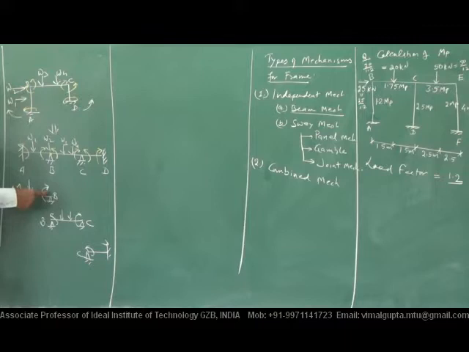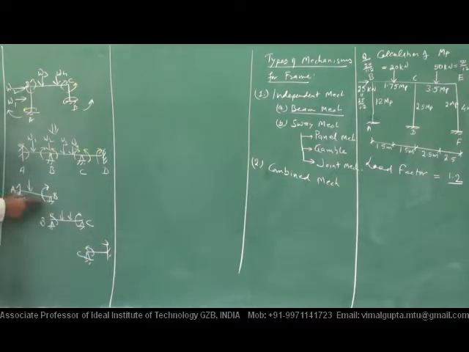That will depend upon the plastic resistance of the member. If it has 1.5 MP, if it has 2 MP, then at that joint a minimum of 1.5 will be there. What will that value be? That will depend upon the segmental moment of resistance. The minimum will be used.